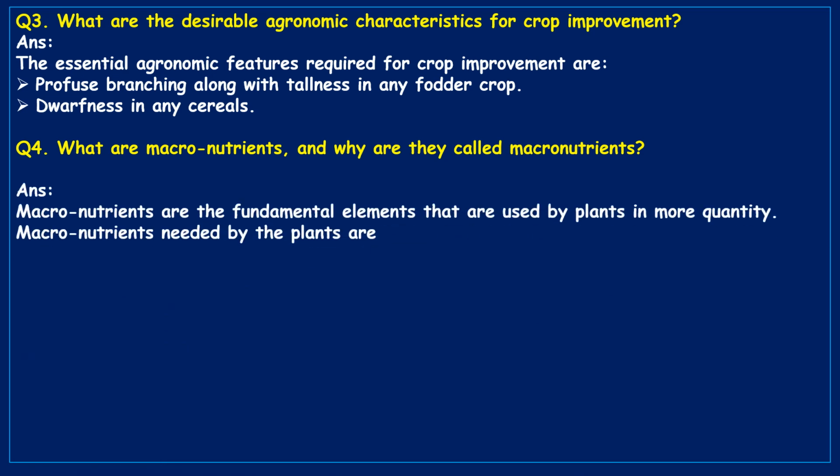Answer: macronutrients are the fundamental elements that are used by plants in more quantity. Now we'll see what are the different kinds of macronutrients needed by plants. Macronutrients are the constituent of protoplasm.